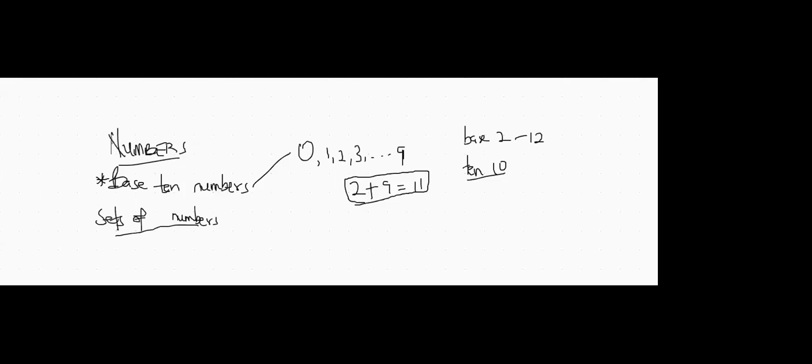When we say sets of numbers, what are some of the common sets of numbers that we know? Someone just mentioned we have even numbers.